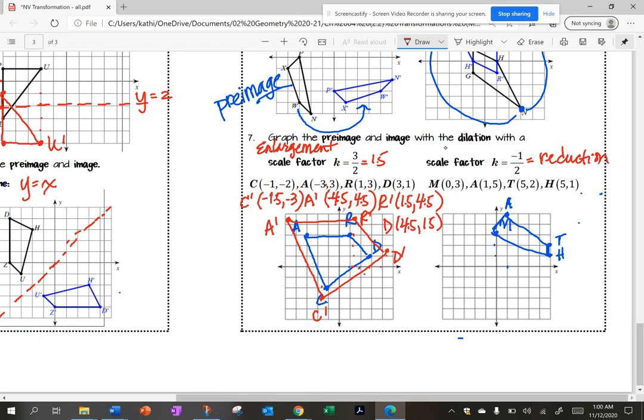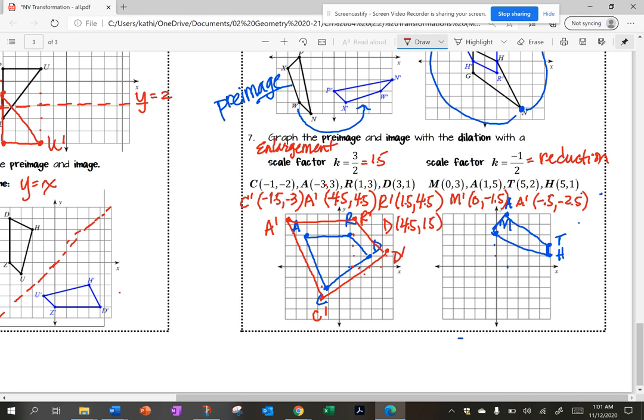Okay, so I'm going to multiply times negative 1/2. So M prime: negative 1/2 times 0 is 0. Negative 1/2 times 3 is negative 3/2, which is negative 1.5. A prime: negative 1/2 times 1 is negative 1/2. Negative 1/2 times 5 is negative 5/2, so that's negative 2.5.